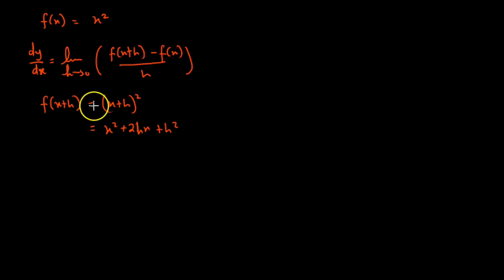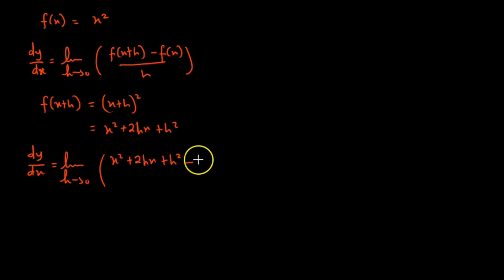So substituting these two functions into the relation for first principle, dy/dx will be equal to the limit as h approaches 0 of [x squared plus 2hx plus h squared minus x squared] all over h.